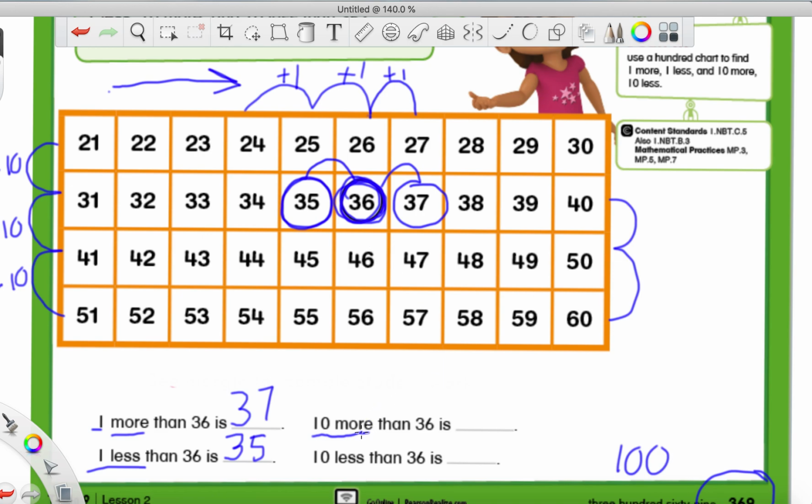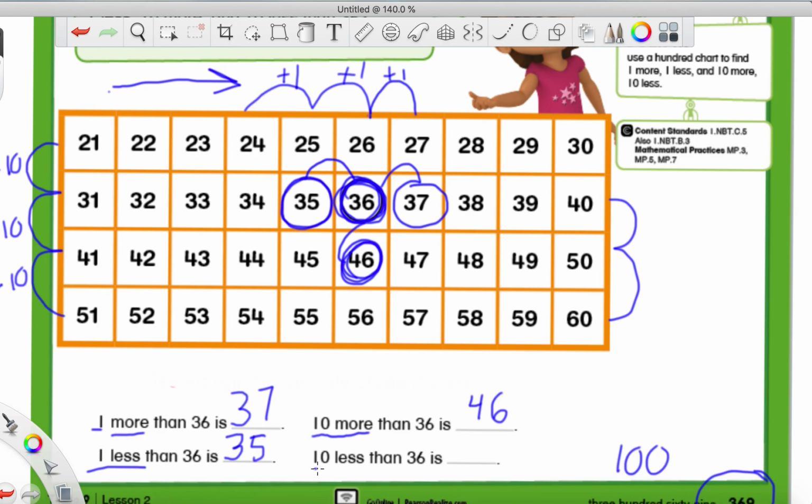So if we're saying 10 more, what are we going to do? Take a jump up to the 26 or take a jump down to the 46? We're going to take a jump down and go whoop. Land right there on 46. So 10 more than 36 is 46.